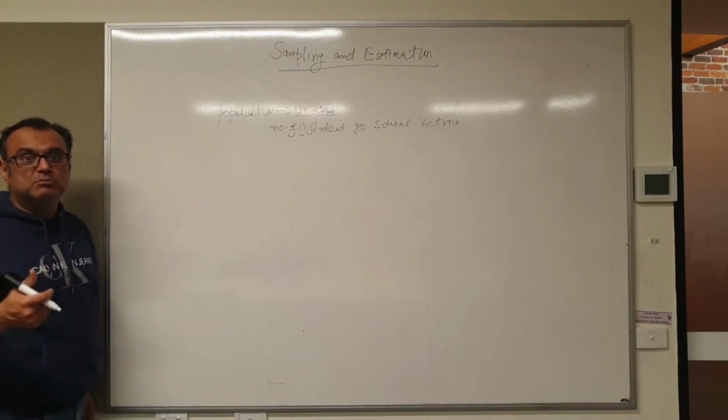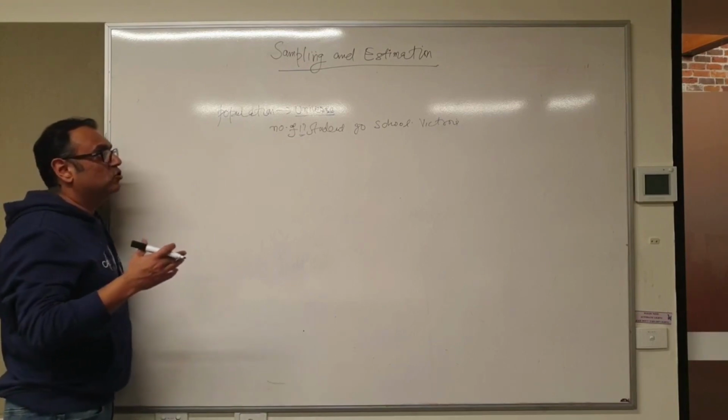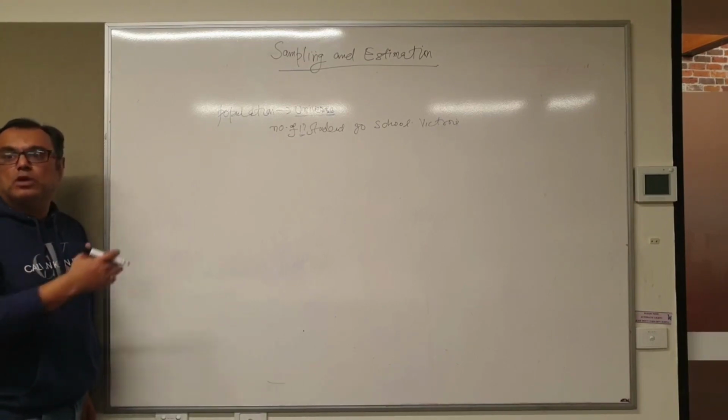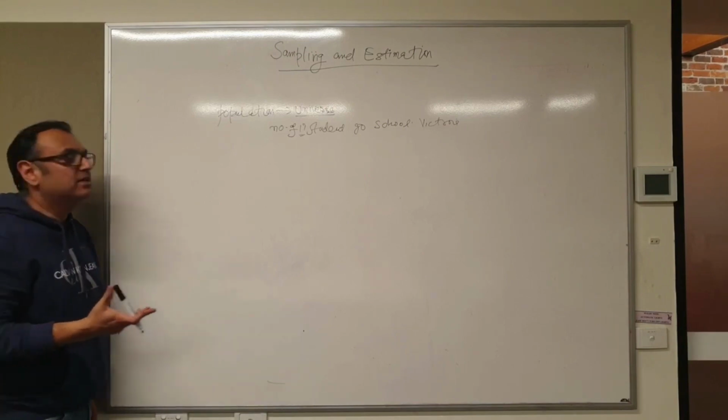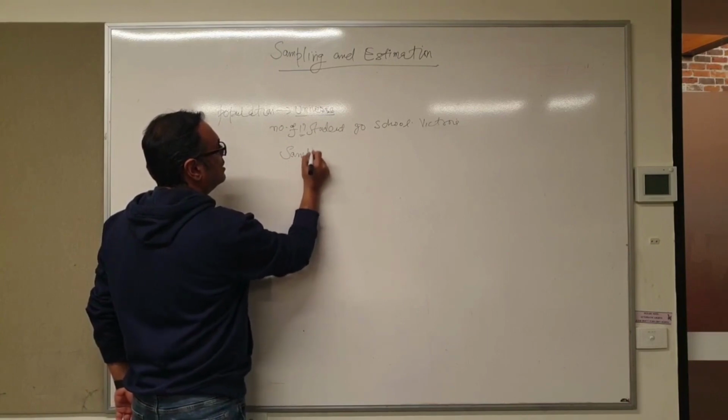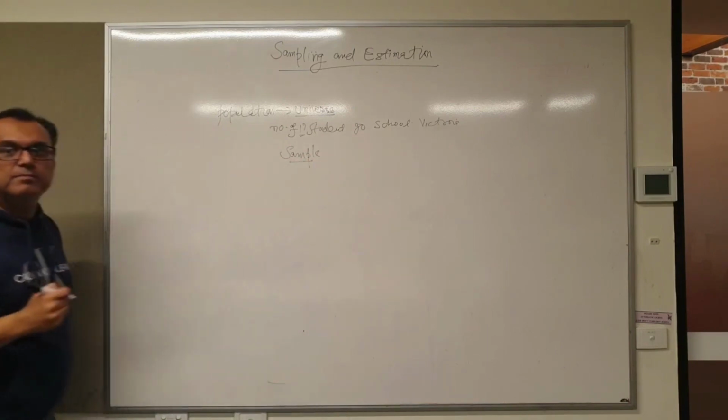I shouldn't say impossible, but it could be a humongous task. At times I might not be able to cover the population itself, right? So in that case I use something called a sample.